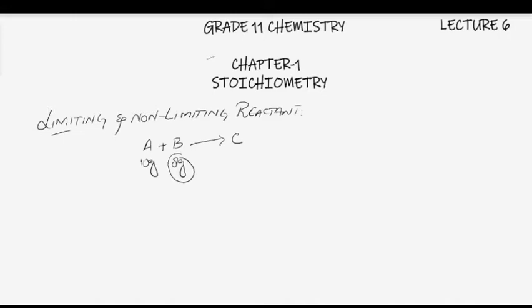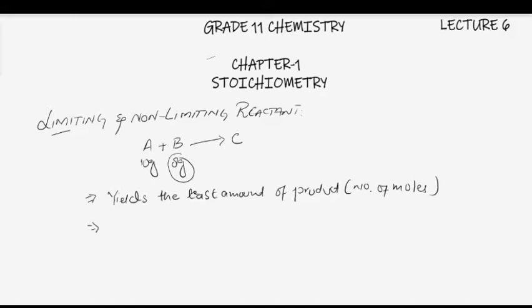So what is a limiting reactant? You can define a limiting reactant in a couple of ways. First of all, a limiting reactant is a reactant that yields the least amount of the product. And by amount, we mean the number of moles. So a limiting reactant is a reactant that produces the least number of moles of a product.